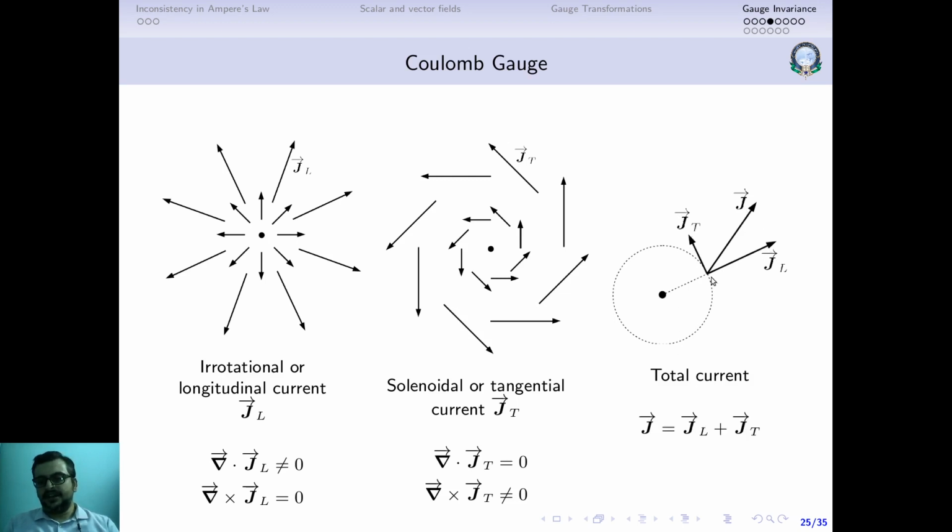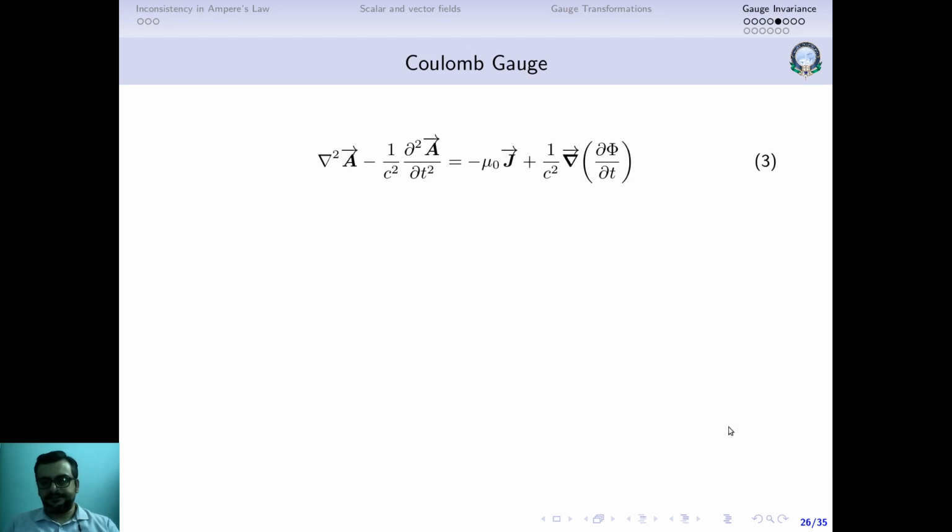The total current at any point is a combination of an irrotational current as well as a solenoidal current. So what we need to remember is that the curl of JL is 0, the divergence of JT is 0, and J is equal to JL plus JT, where JL is the longitudinal or irrotational current, and JT is the solenoidal or tangential current.